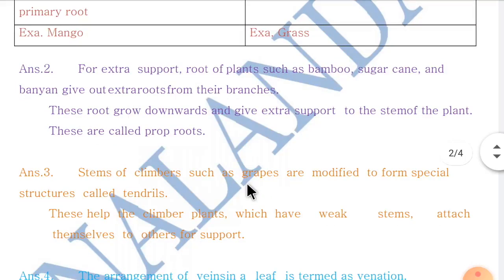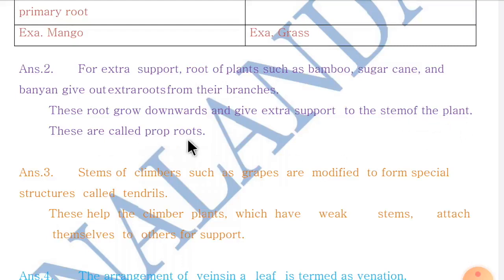Let's see the next, what are prop roots. For extra support, plants such as bamboo, sugarcane and banyan give out extra roots from their branches. Right? These roots grow downwards and give extra support to the stem of the plant.